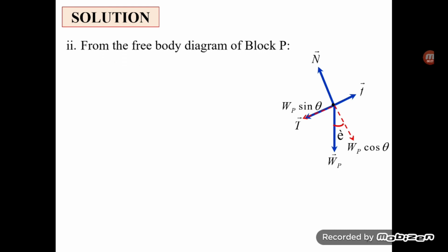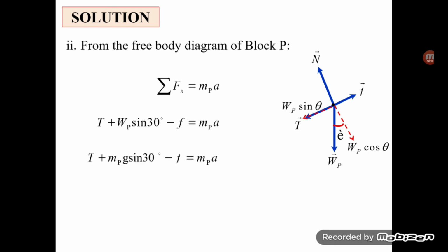And then we analyze the free body diagram for block P. Summation of Fx equals ma. So what forces act in the x component? We have tension plus W sin 30 degrees minus frictional force equals ma.